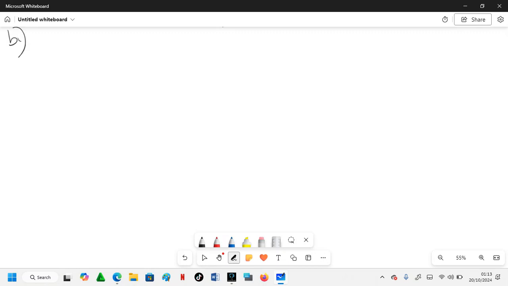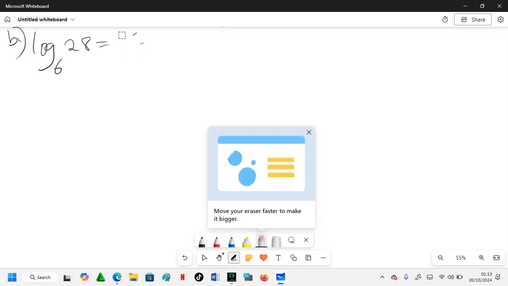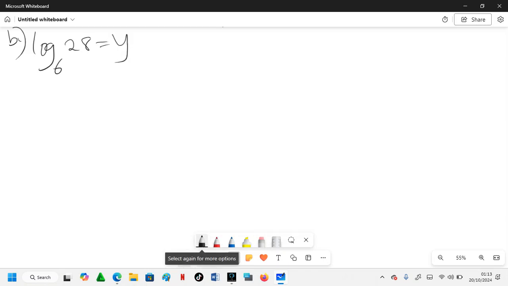Alright, let us also try and evaluate log to base 6 of 28. So we are going to equate it to, let's use y for a change. So we're going to say 6 to the power of y is the same as 28.